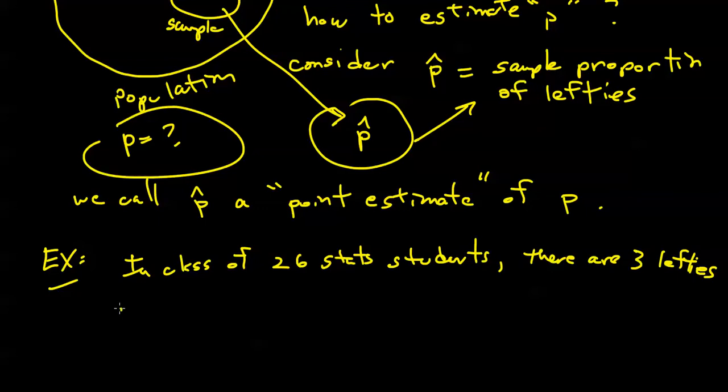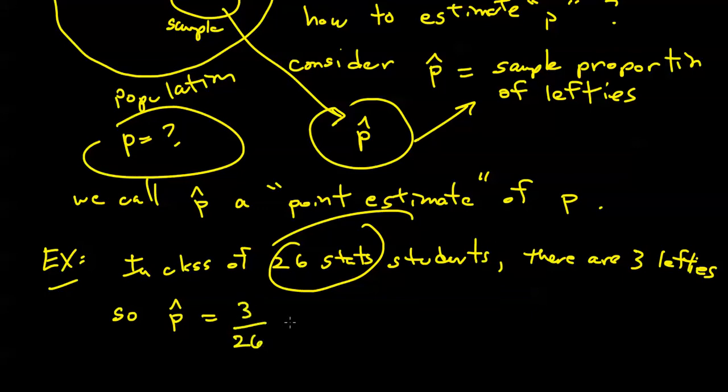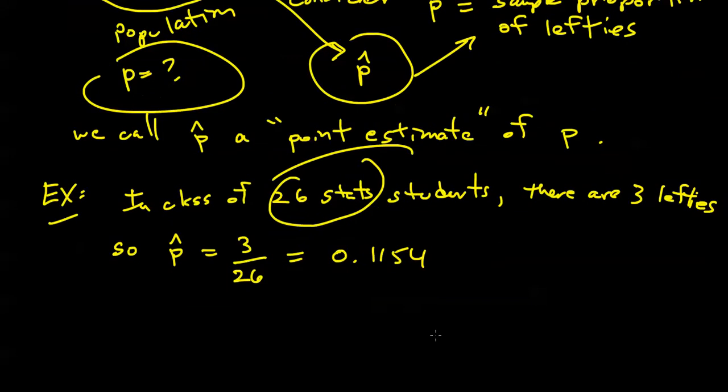So, p hat, from our small sample of 26 statistics students, p hat, the sample proportion of left-handed students, is going to be, well, there's 3 left-handers out of 26 students total in our sample, and here is my sample proportion, about 11% or 0.1154.